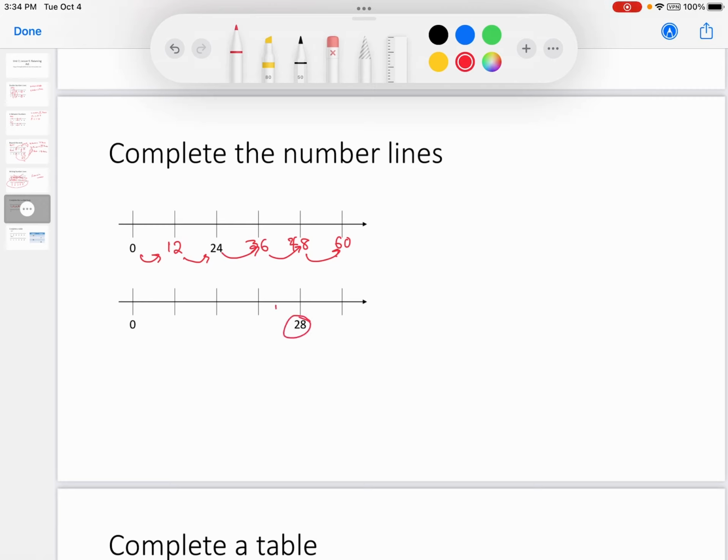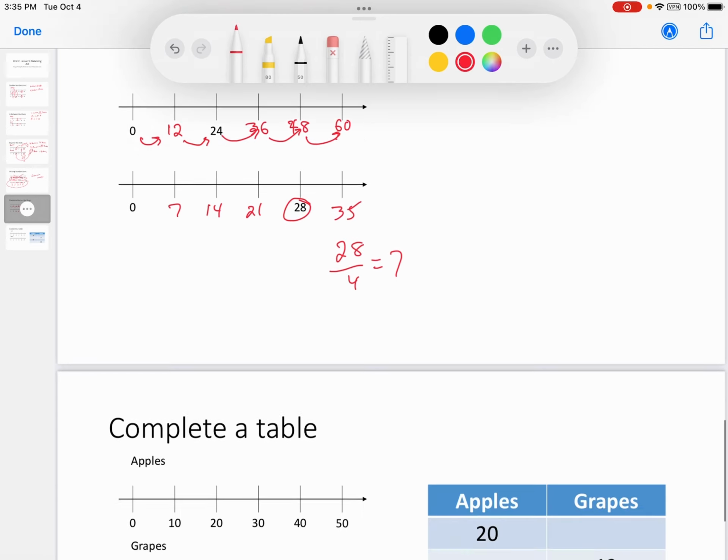This is 28, and we need to cut it into 4 equal pieces. 28 divided by 4 is 7. So each of these should be 7: 7, 14, 21, 28, 35. And that finishes that number line. We figured out what the interval should be, and we used that interval to finish all of the numbers.